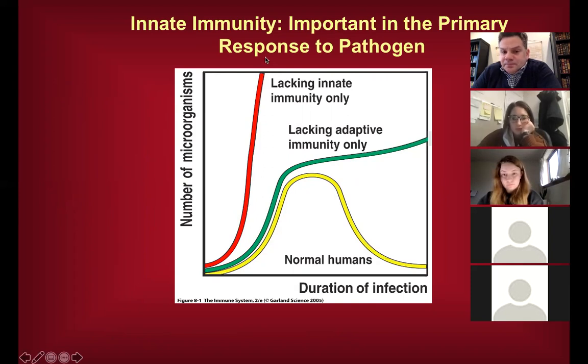Now, if you're lacking the adaptive only, the second, more specific phase, you mount the initial response, but ultimately, if you can't initiate that second arm of the immune system, you'll succumb to infection, right? So you need both arms working together, and we need this to resolve inflammatory challenges.